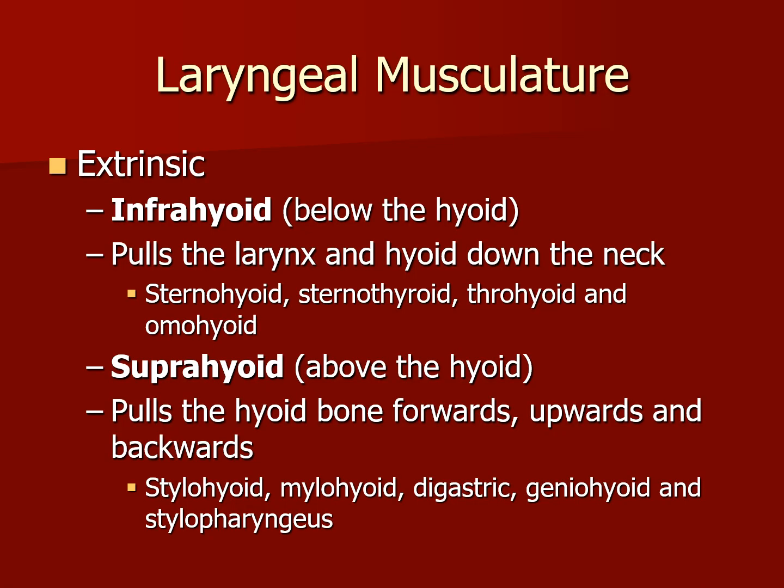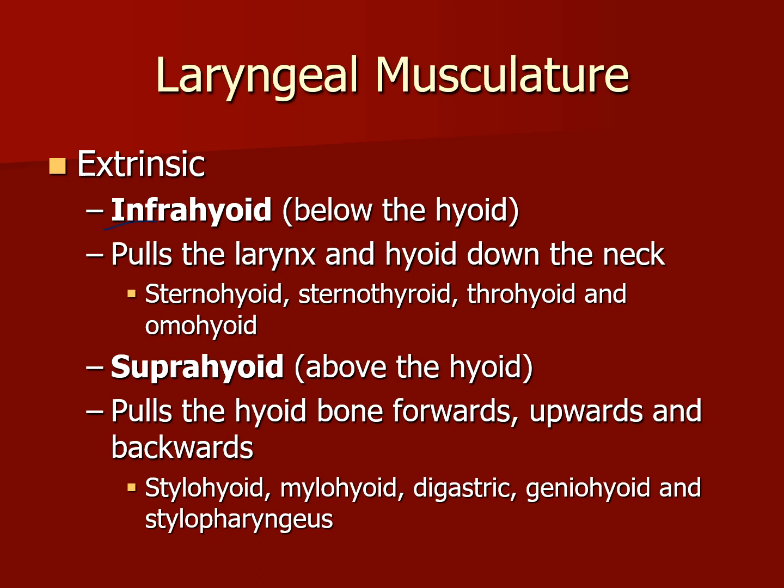All right, let's look at musculature here. Extrinsic musculature and intrinsic musculature. So we'll start with the extrinsic, or outside. These are the outer muscles that move it from the outside. You have your infrahyoid and your suprahyoid. Now, the infrahyoid is below the hyoid.